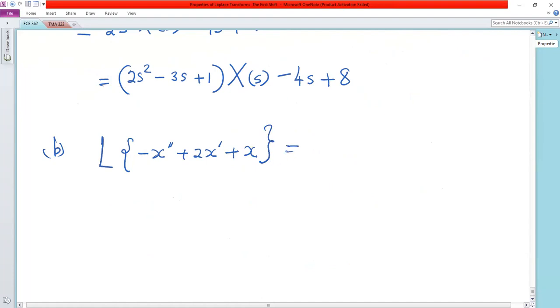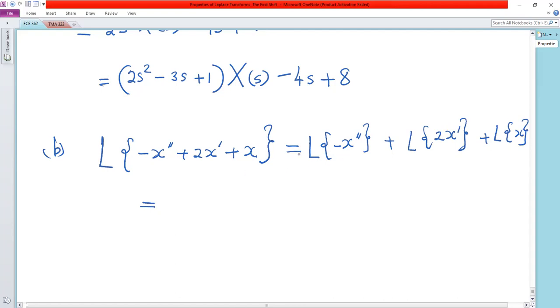By the linearity property of the Laplace transform, this will be the Laplace transform of negative x double prime plus the Laplace transform of 2x prime plus the Laplace transform of x. Further, by linearity, this gives negative L of x double prime plus 2 times the Laplace transform of x prime plus the Laplace transform of x.